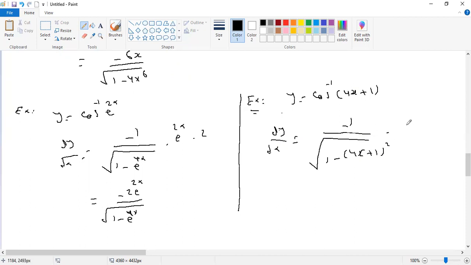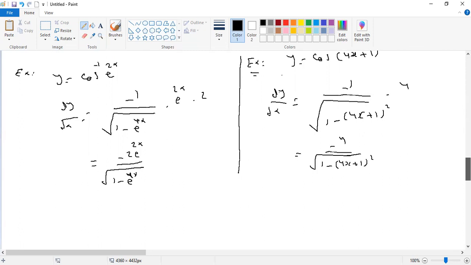Multiply by the derivative of 4x, which is 4. So the answer is negative 4 over the square root of 1 minus (4x plus 1) squared. It can be expanded in the parentheses, so it will be 16x squared minus 8x. Why? Because 1 with 1 can be cancelled.